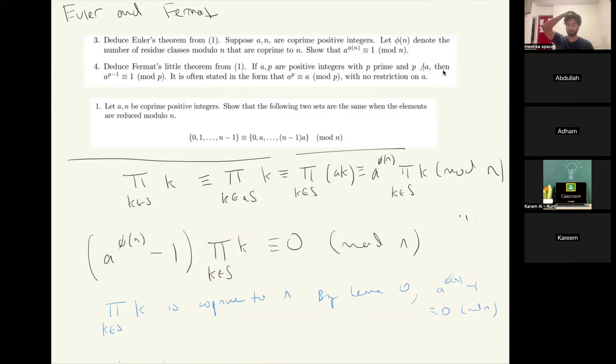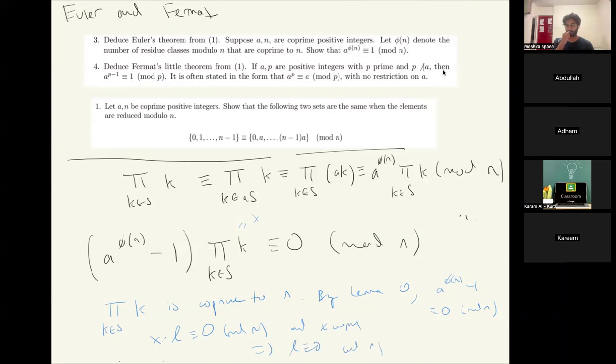Does this make sense why I'm calling it lemma 0? We're using lemma 0 with this as a. Let's call this x. We're saying if x times L is congruent to 0 mod n and x is coprime, then L is congruent to 0.